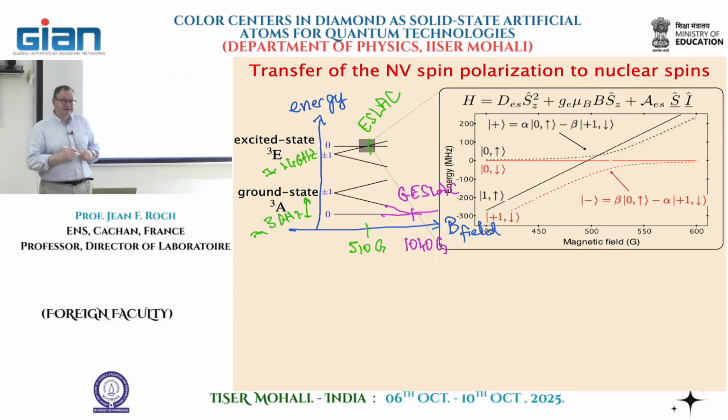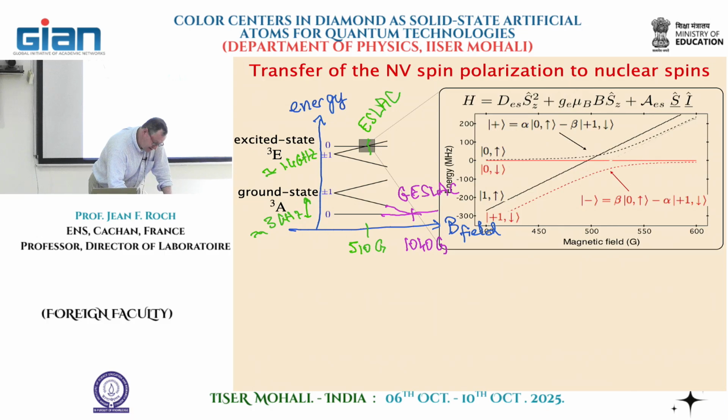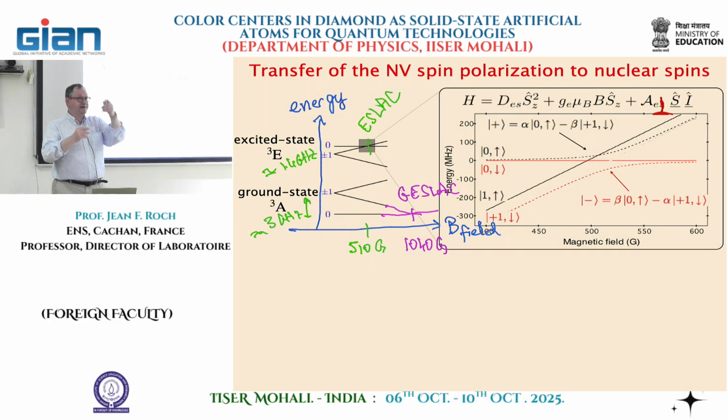What happens is that here I have the coupling. I should have changed the notation. This is the coupling A perpendicular. The coupling A perpendicular will now mix the states. It mixes the electronic spin up together with the perpendicular component of the other spin.